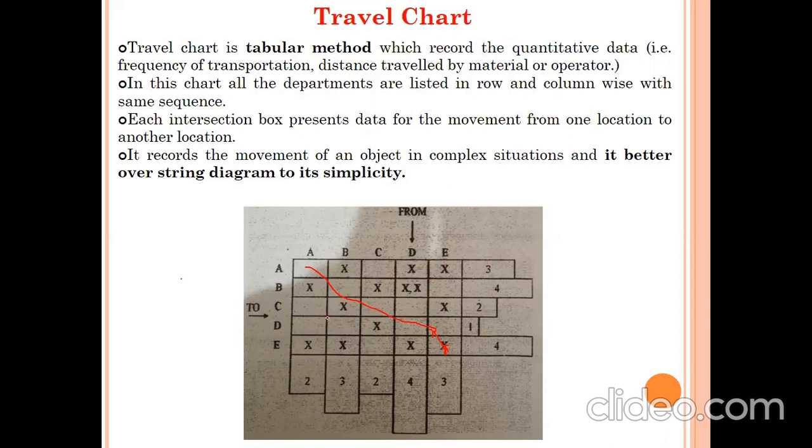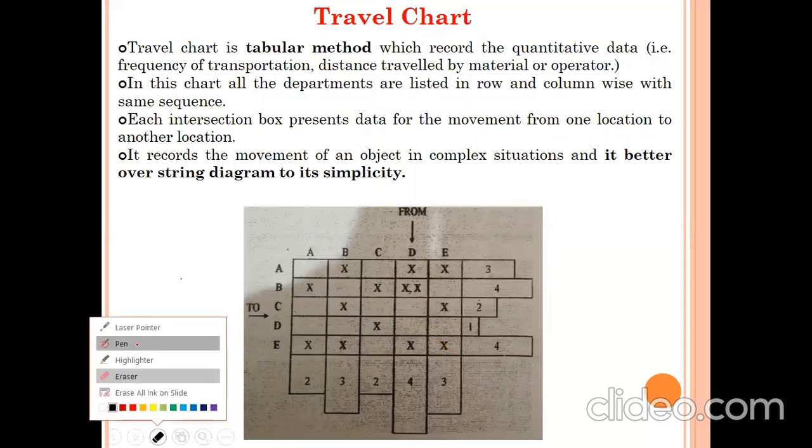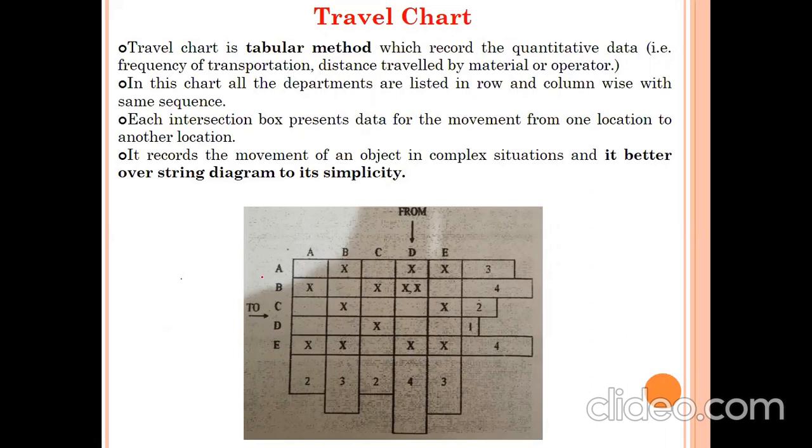And here we can understand from which machine we are getting the job, or to which machine we are sending the job. If I mark here that from B to A, there is traveling of the job, I will mark here X. From C machine to A machine, there is no traveling, so I will keep it blank.